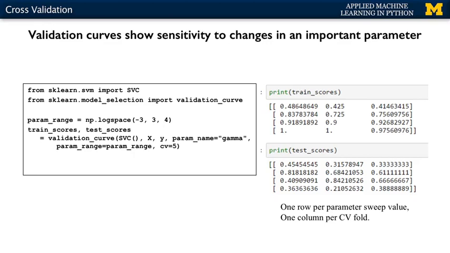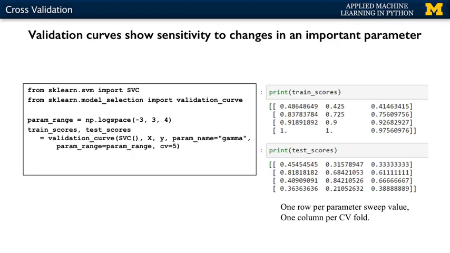Sometimes we want to evaluate the effect that an important parameter of a model has on the cross-validation scores. The useful function validation curve makes it easy to run this type of experiment. Like cross-val score, validation curve will do threefold cross-validation by default, but you can adjust this with the CV parameter as well.